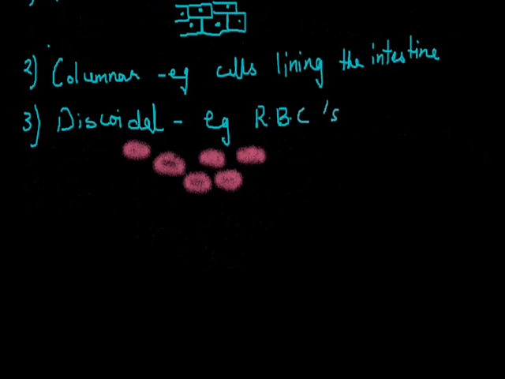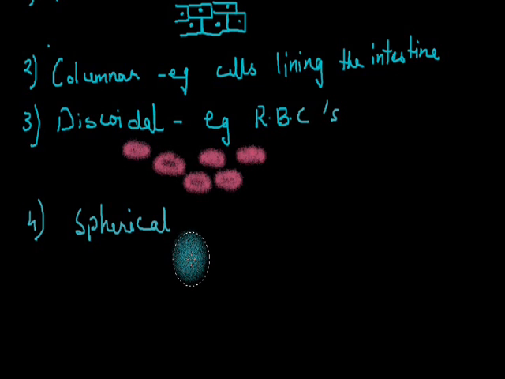The fourth cell shape can be spherical, appearing like a sphere. Like this. The examples of these cells can be the various eggs of animals.